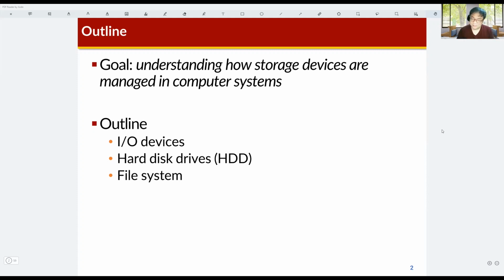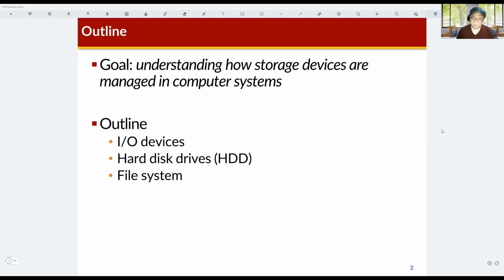The data density of the hard disk drive is much higher than the density of the main memory, like DRAM. Also, the cost of the hard disk drive is much lower than the price of DRAM. That's why the hard disk drive is widely used as the main storage device in the computer system.